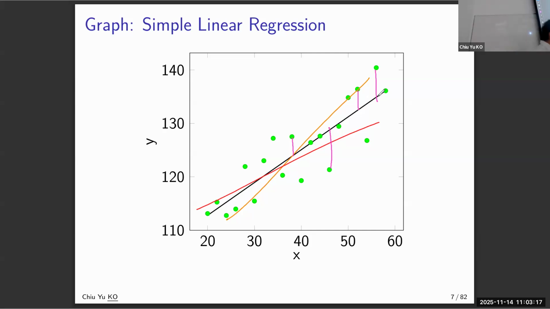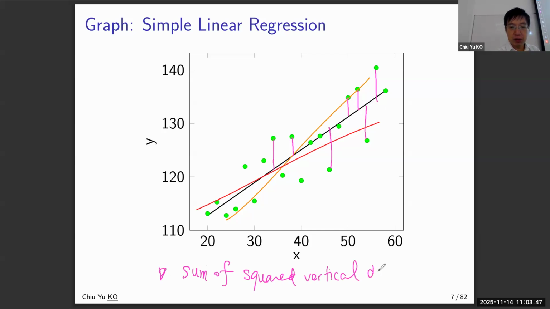Now we know it's vertical. The second is, what's the criterion? It's like the variance. We are minimizing the sum of squared vertical distances.